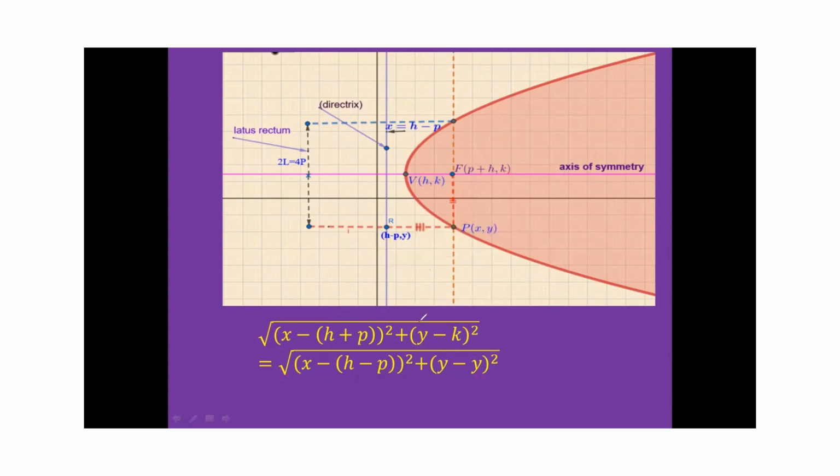This is the distance from P to the focus, and also this is the distance from P to the directrix. The two distances are equal.